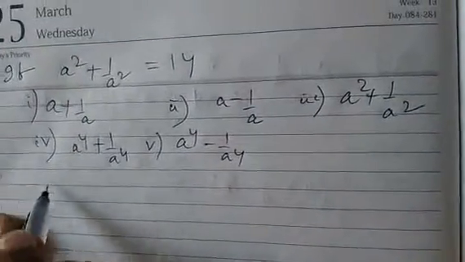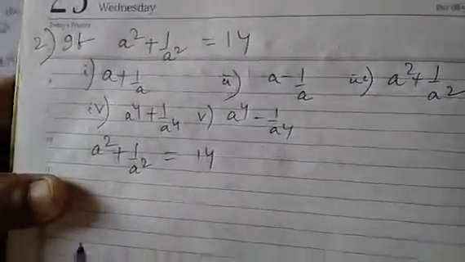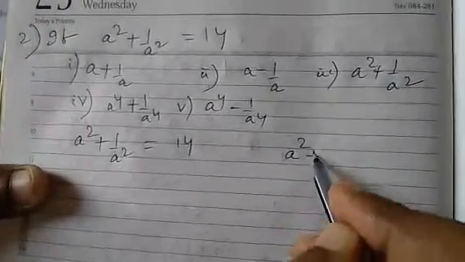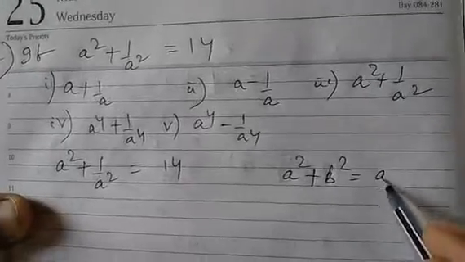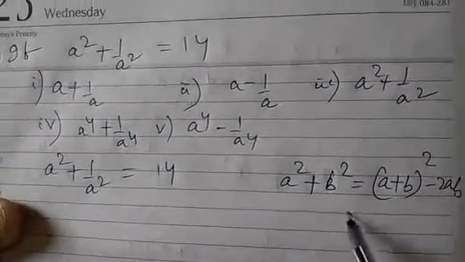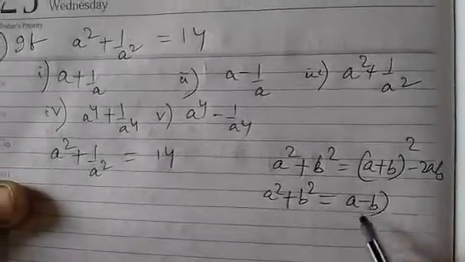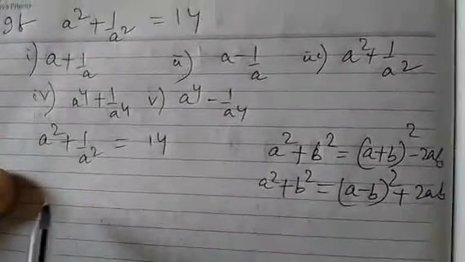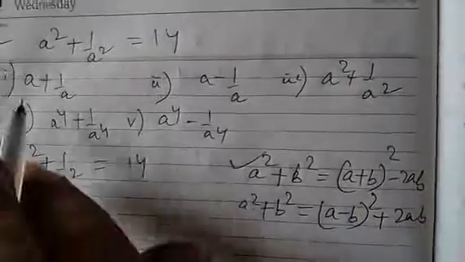Let us see. Since a square plus 1 by a square is equal to 14, let us try to obtain the formula by deriving. Since a square plus b square, we have two formulas. One is a plus b whole square minus 2ab. The other is a square plus b square equal to a minus b whole square plus 2ab. Let us put the first case for the first bit.